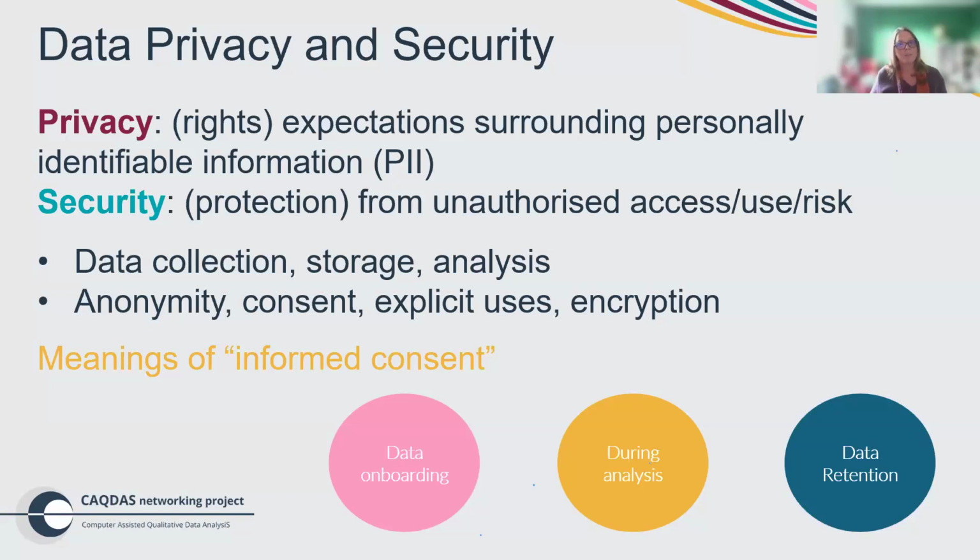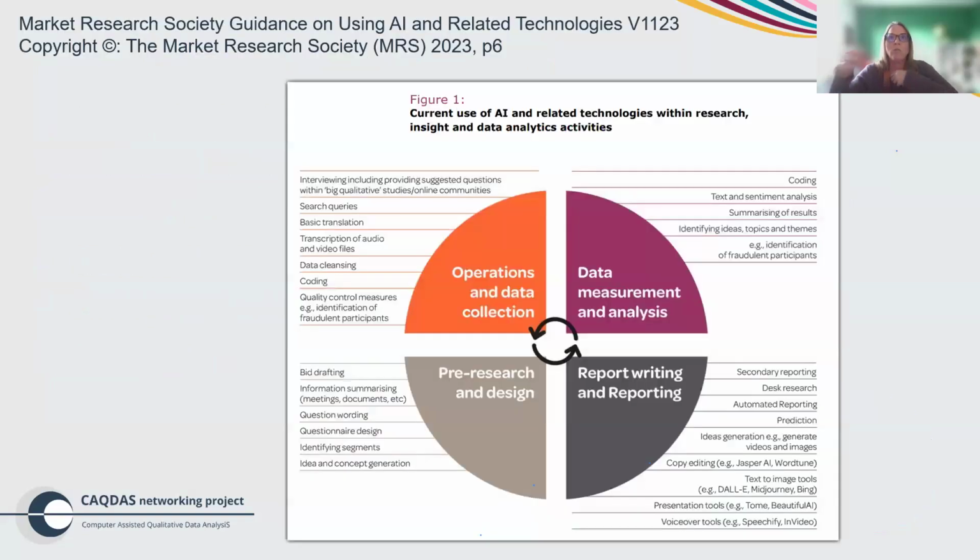Okay, so we could absolutely talk about these issues for a lot longer, but I know that many of you are here to think about, okay, what do the tools actually do? So I will move on to that topic now and initially show you a figure from a report that was published by the Market Research Society here in the UK, whereby they give this nice visual overview of their analysis of current use of AI and related topics within research.